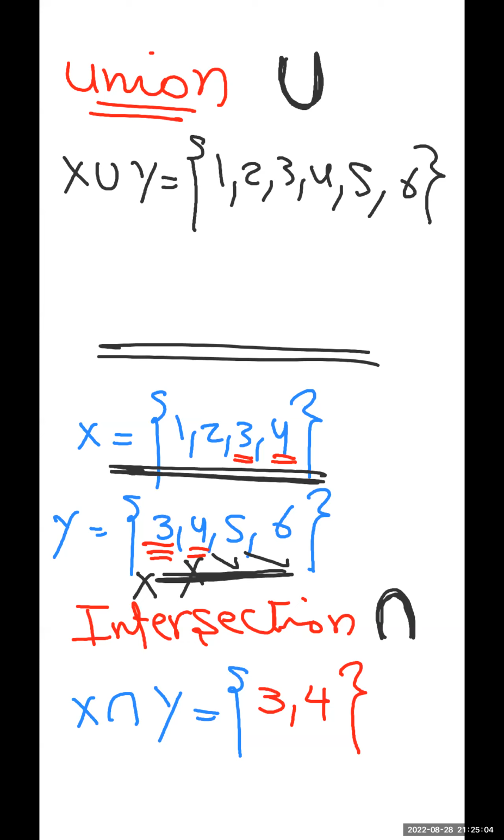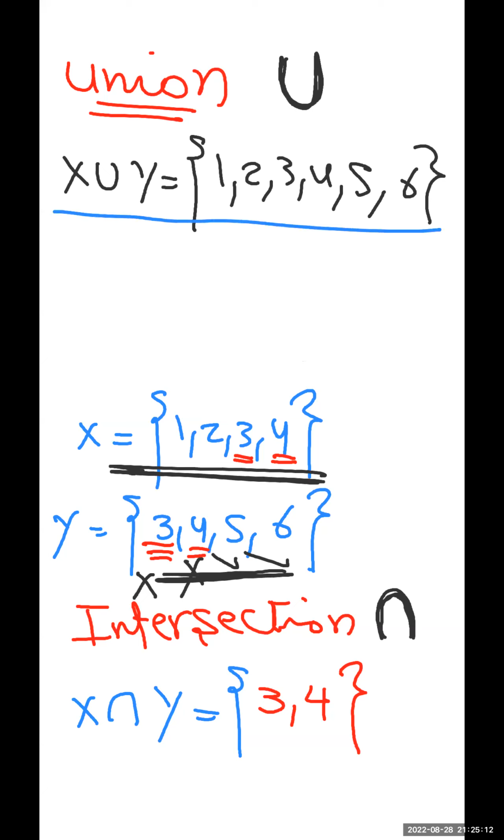Okay, now one more process. Concentrate very well. The next process is X, then like minus, then Y. But actually, it's not minus. It's X difference Y. Can we define this process?